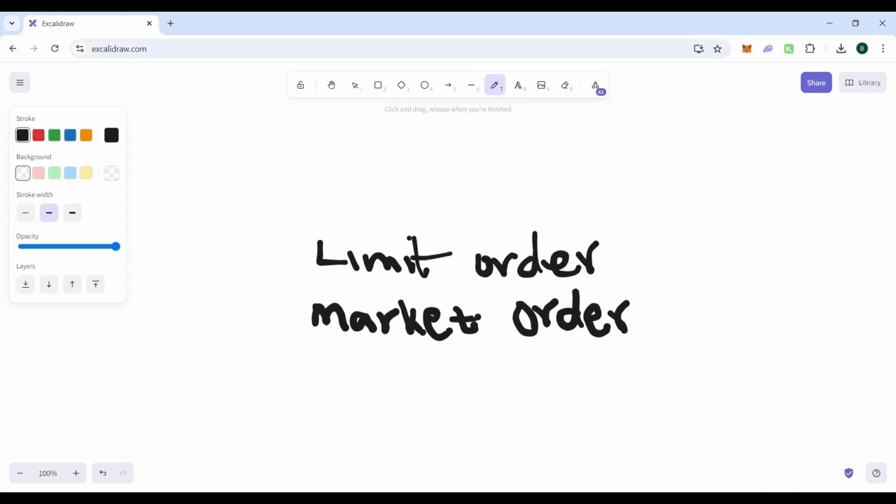I want to briefly talk about limit orders and market orders because understanding them will have a bearing on this whole thing we're discussing today. Now, what is a limit order? A limit order is simply an instruction to buy or sell a financial asset at a specific price or better.